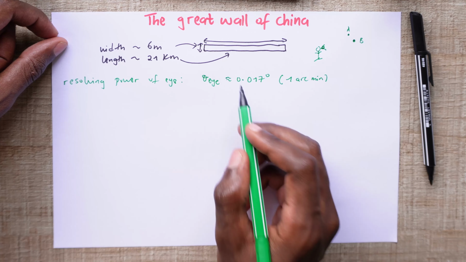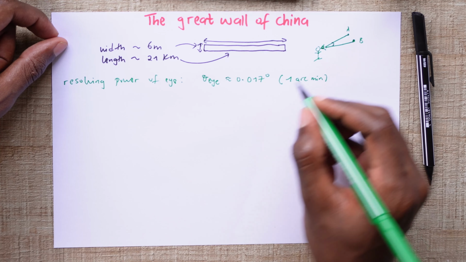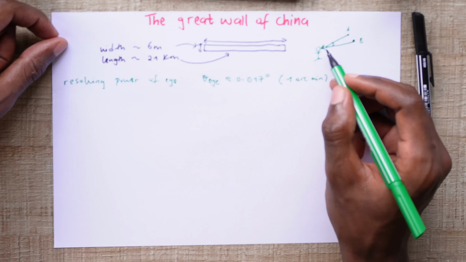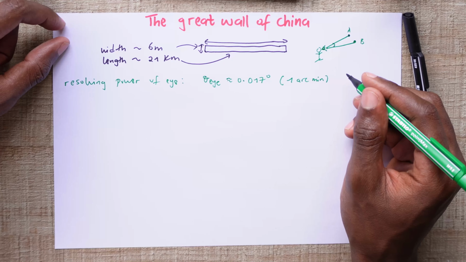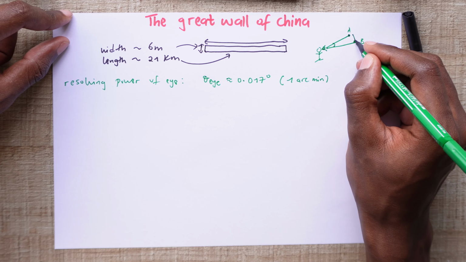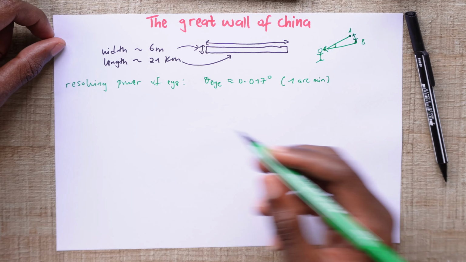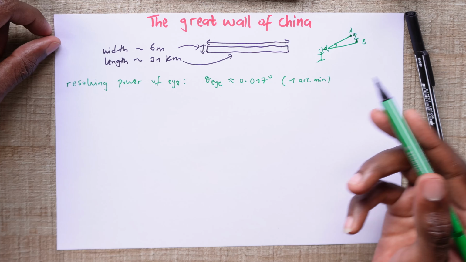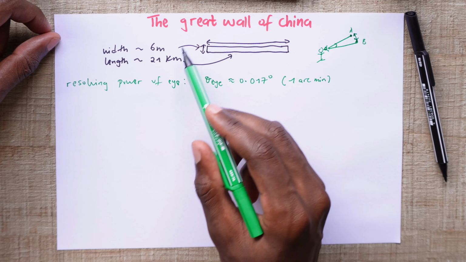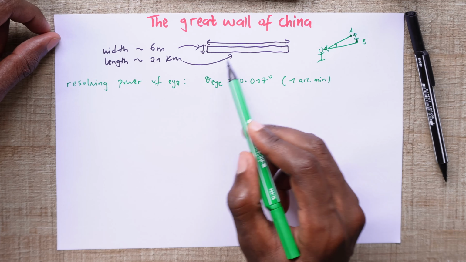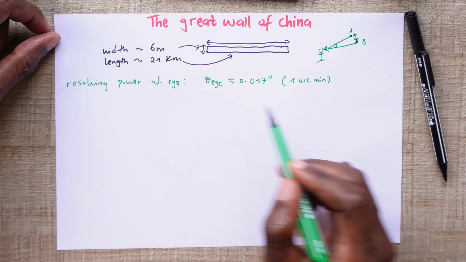Then what this means is that they need to be at an angle of at least this value for your eyes to be able to distinguish them, to be able to see them as two separate points. So this is what we mean by the angular resolution of a camera, in this case of the eye. So we are just going to calculate the angular size of this wall as seen from the moon and see how it compares to the resolving power of the human eye.